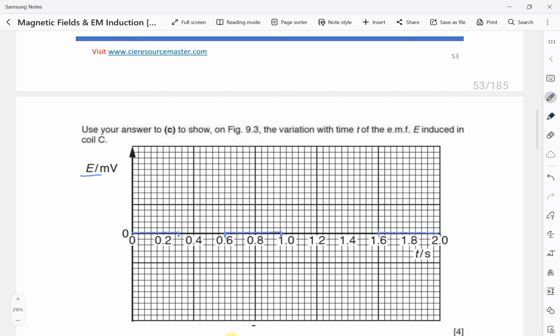The EMF between 0.3 and 0.6 is twice the EMF between 1.0 and 1.6, but they have opposite signs. So I'm going to represent this EMF with 10 small squares.